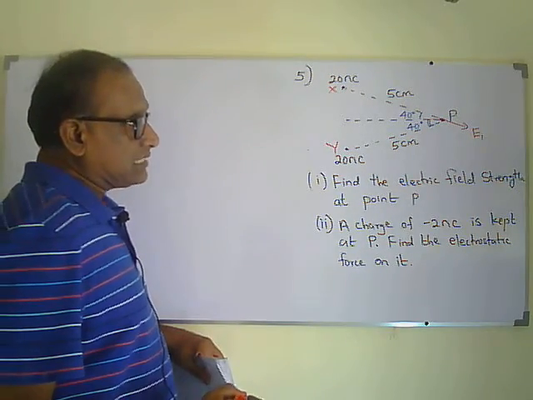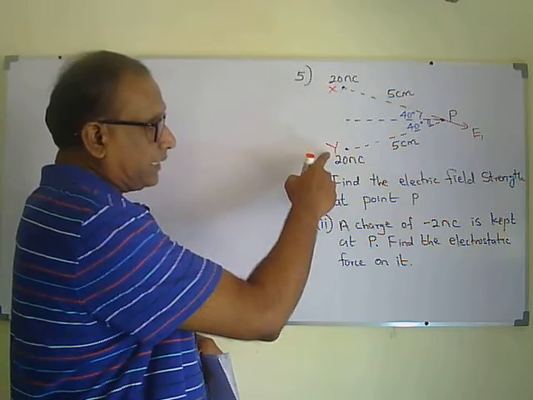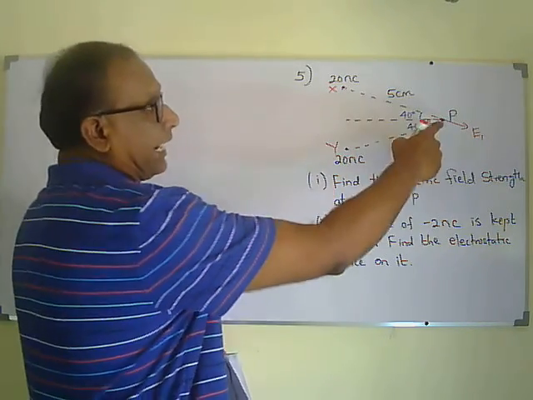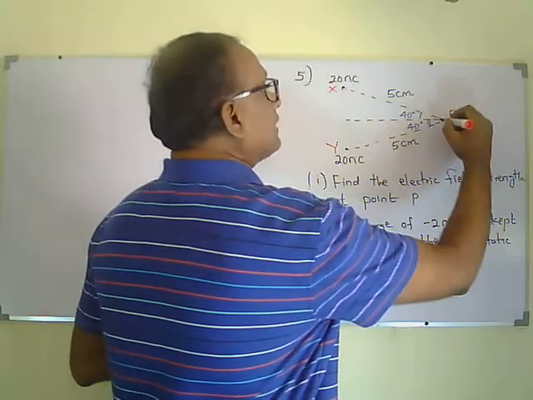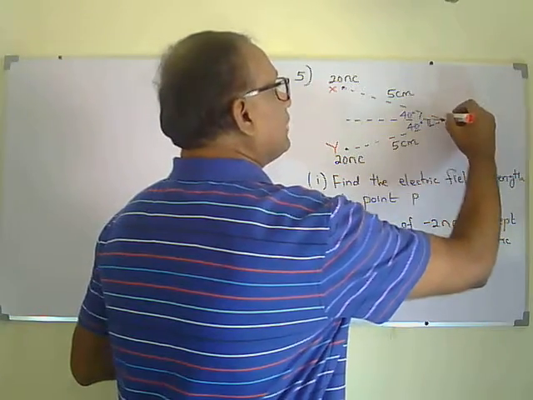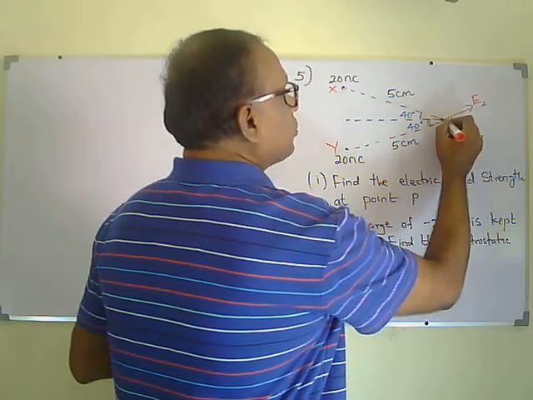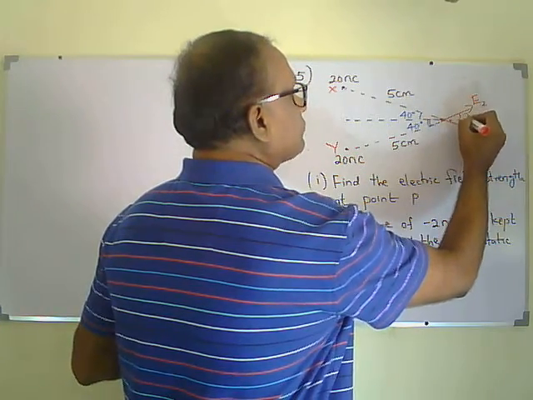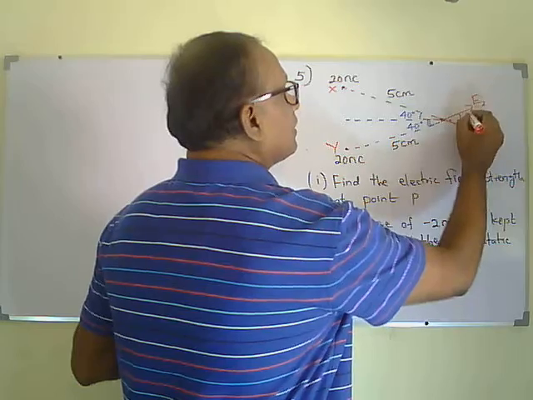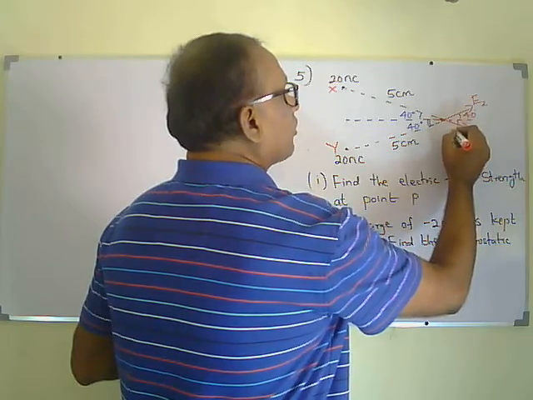In the same way, the electric field strength due to the point charge at point Y, at point P, will be along this line. I can name it E2. These angles will be 40 degree, and this also 40 degree.